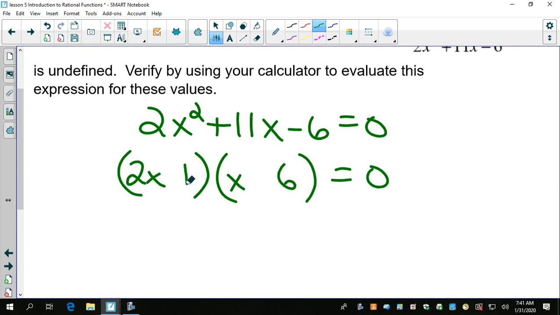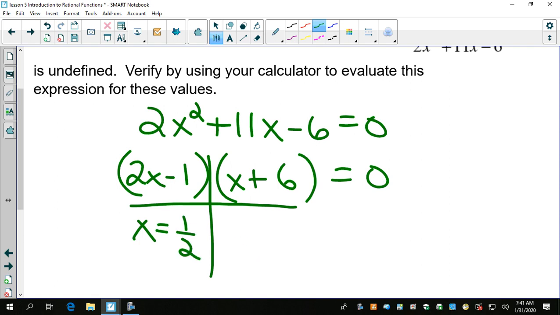Will this work? 6 and 1? Because what am I getting? I'm getting 12 and 1. Will that give me an 11? Yeah, but I need a positive 11. So where is that going to go? Yep. Excellent. So now, x is going to be equal to 1/2, and then x is equal to -6.